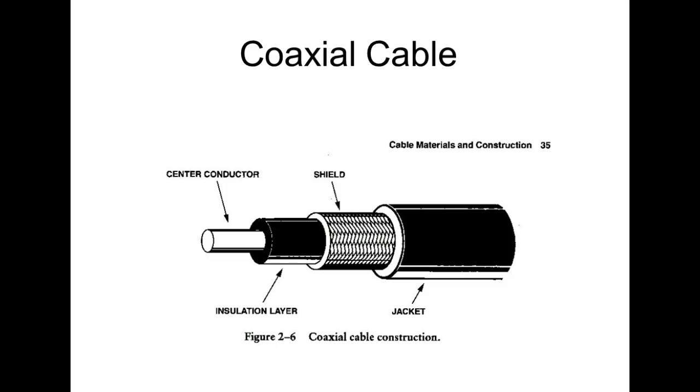What determines the capacitance is the length, the size of the plates, and of course what you use to separate the plates. So if you screw around with this, then you screw around with what we call the impedance of the cable, and we'll talk about that later.